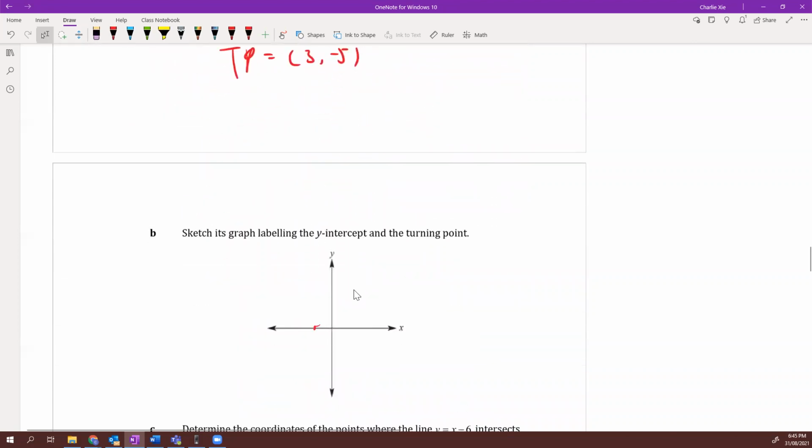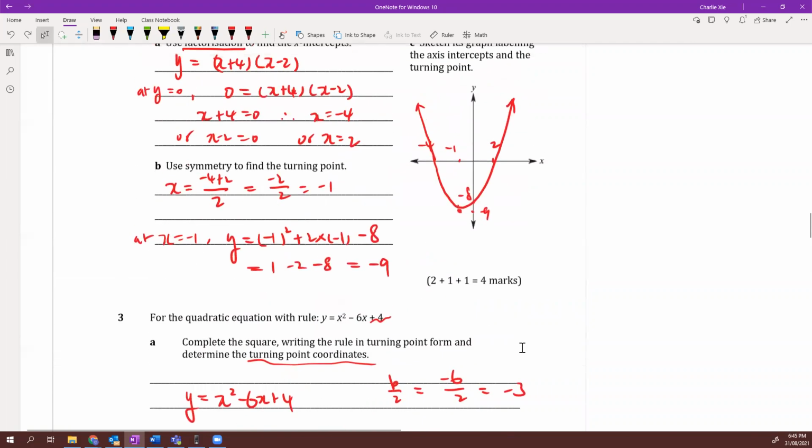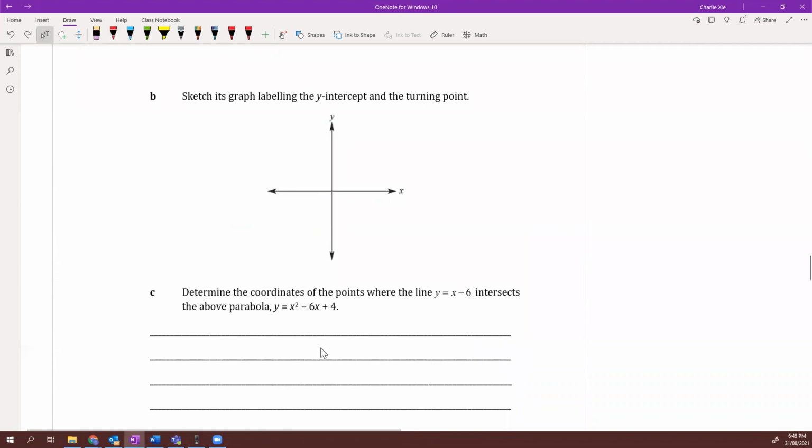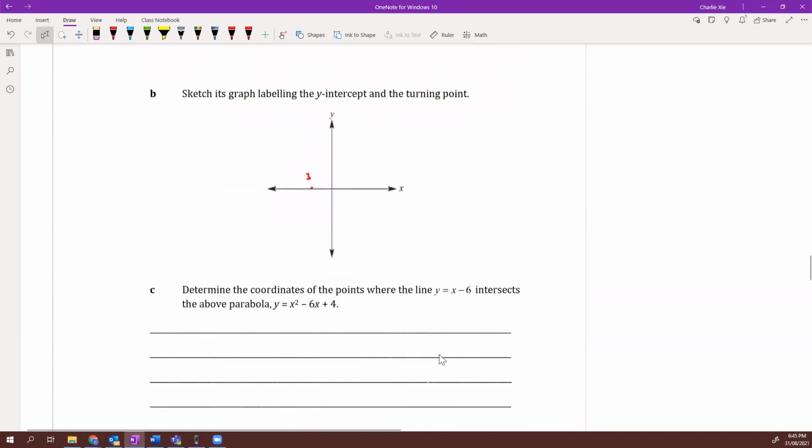Let's say your 3 is around here, and your y-intercept is 4. So a similar length on the y-axis, but slightly higher.